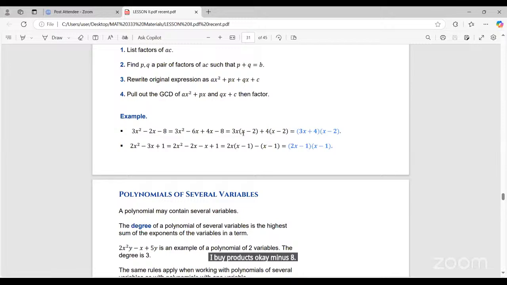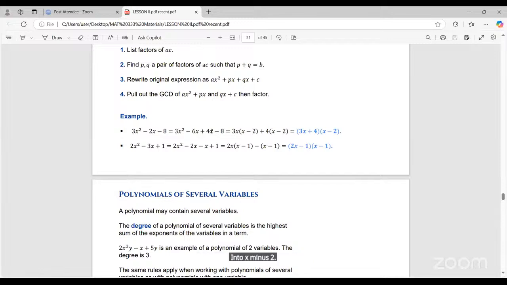I will now factorize. I will have 3x into (x minus 2), and we have 4 into (x minus 2). 3x is common in the first pair, into x minus 2.